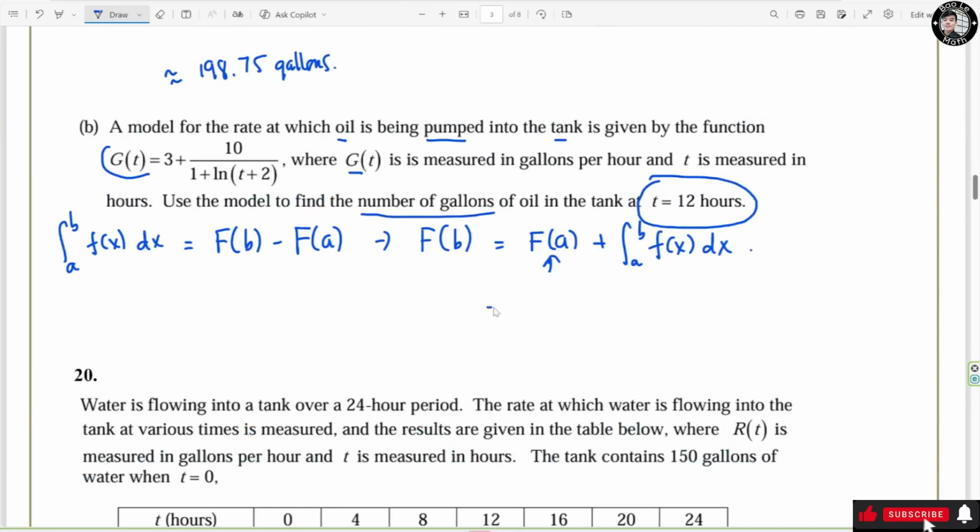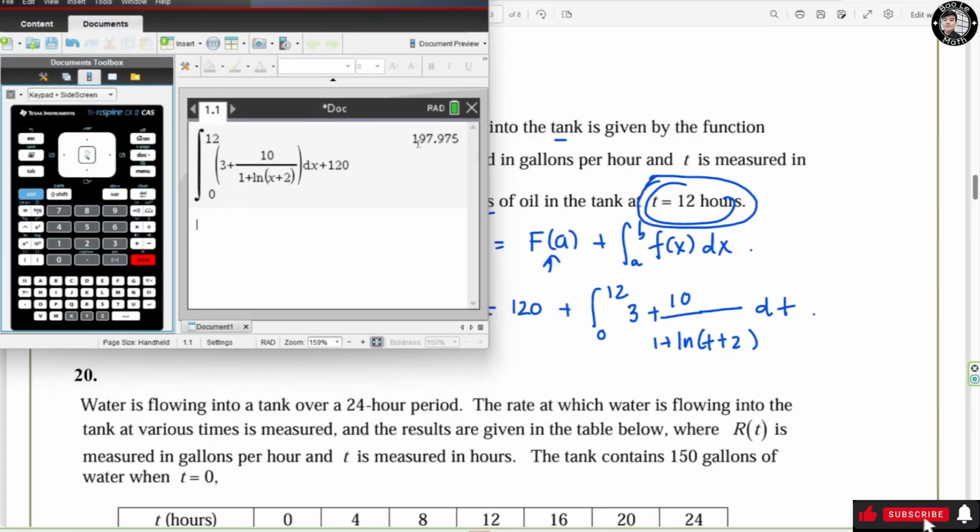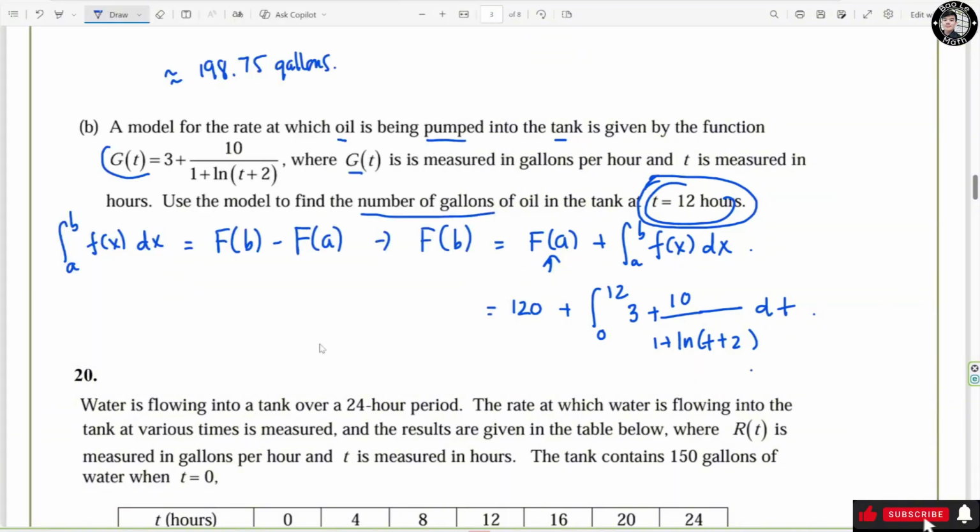So you have 120 plus the integral from 0 to 12 of g of t, but g of t is 3 plus 10 over 1 plus ln of t plus 2, dt. Now we're going to punch it into the calculator. The answer must be 197.975.